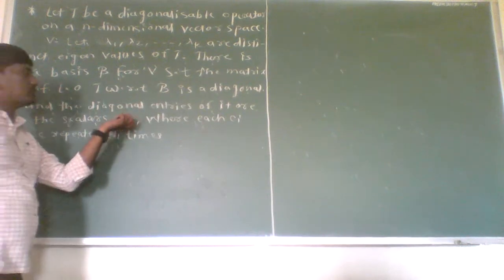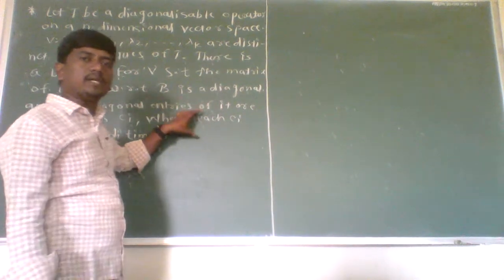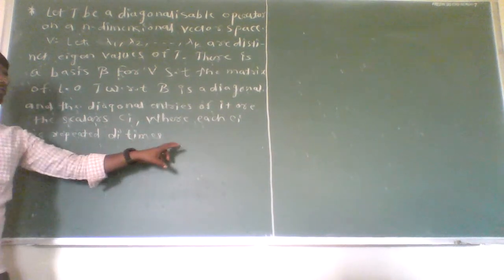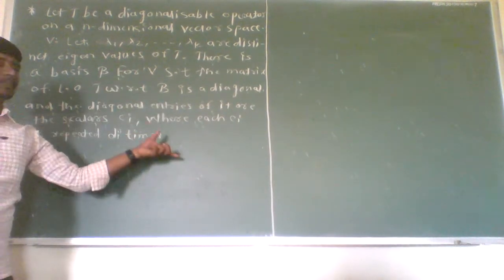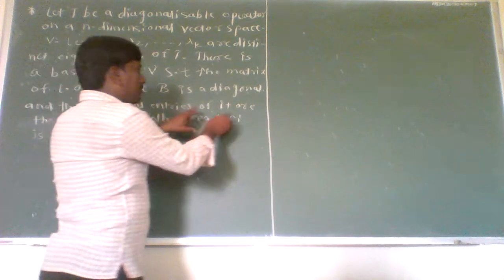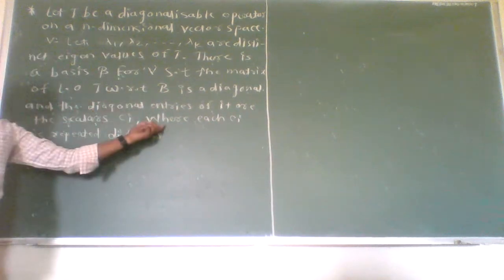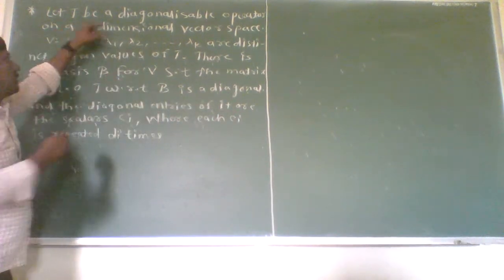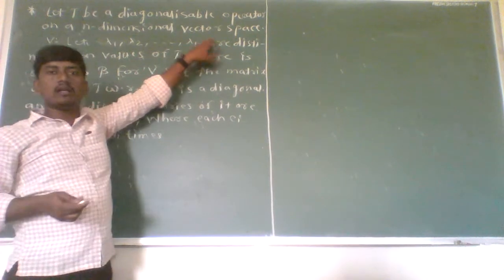So as the matrix of linear operator T with respect to ordered basis B is a diagonal matrix, then Aij will be equal to 0 for each i not equal to j. Then only the diagonal entries are non-zero, and these are the Ci's, where each Ci is repeated di times. Here we don't know whether k is equal to n or not.